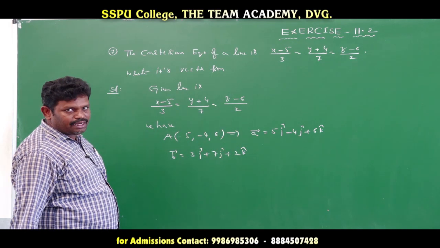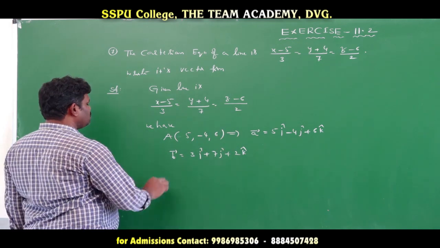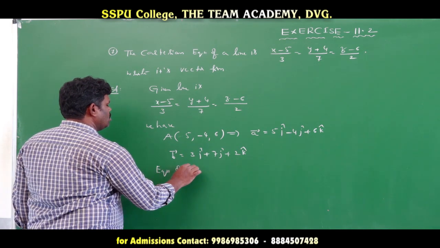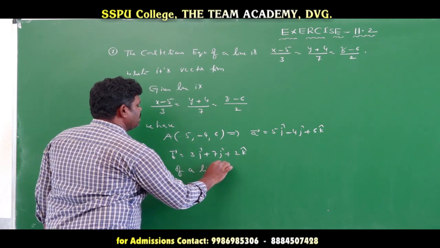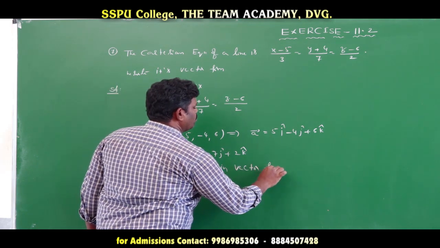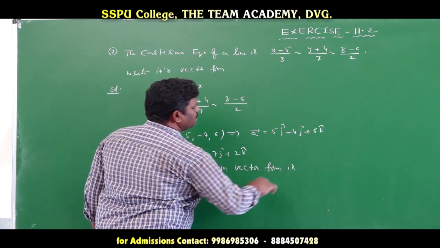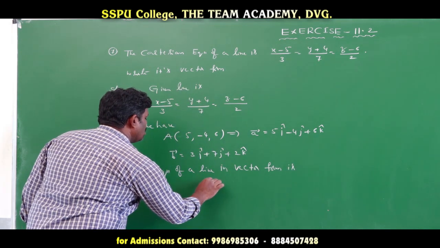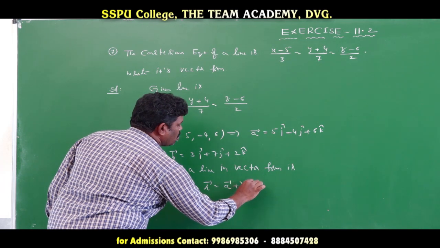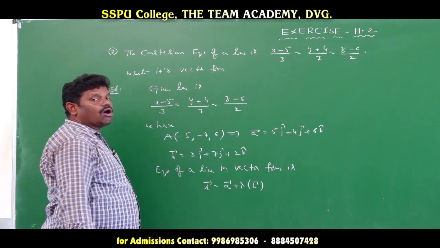Now what we require here is the equation of a line in vector form. The equation of a line in vector form is r bar is equal to a bar plus lambda into b bar. Here r bar means what?